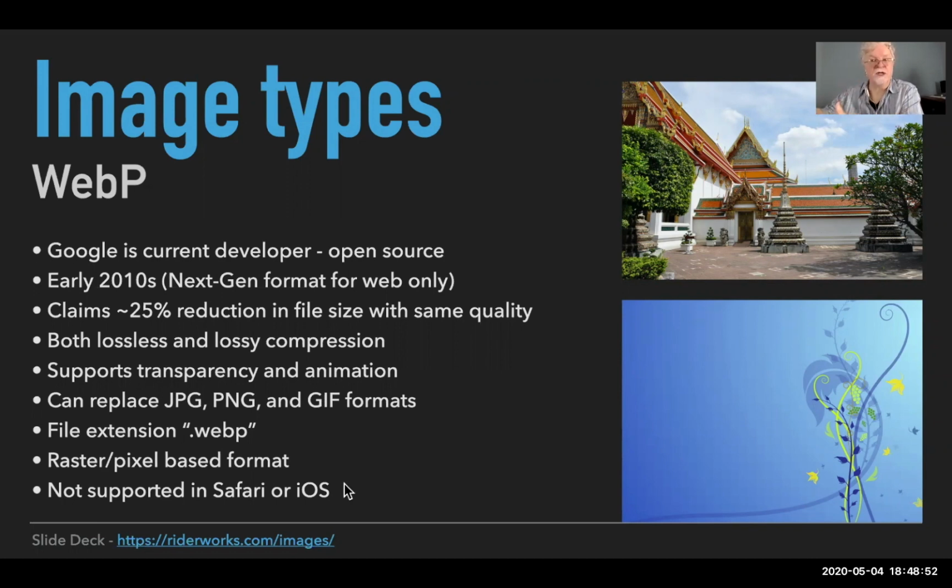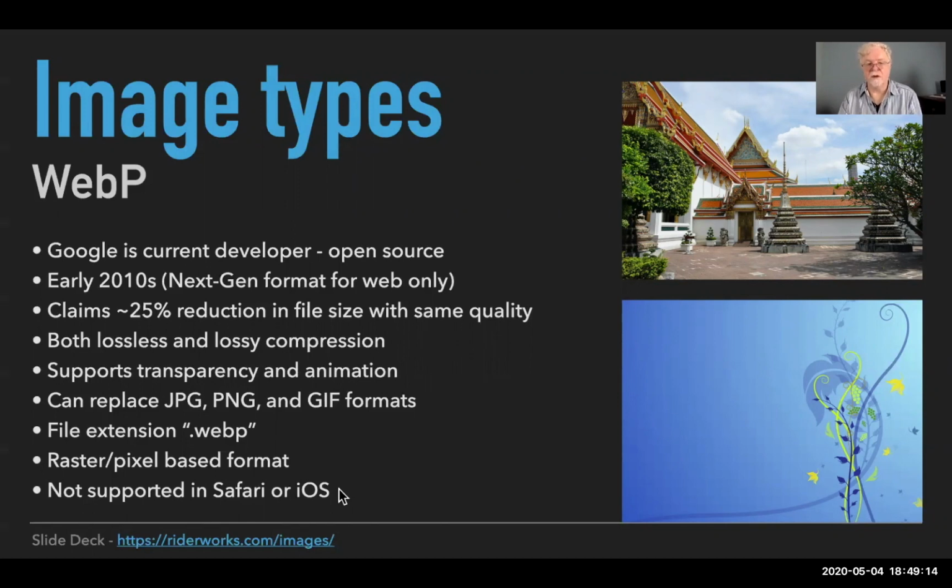You get twice the number of images in your media library, and it will serve the WebP image to Chrome. Even now Microsoft Edge uses it, and it'll serve it to Firefox. And if you go back to Safari, or if you're on your iPhone, it'll serve the JPEG, which is a pretty cool idea.